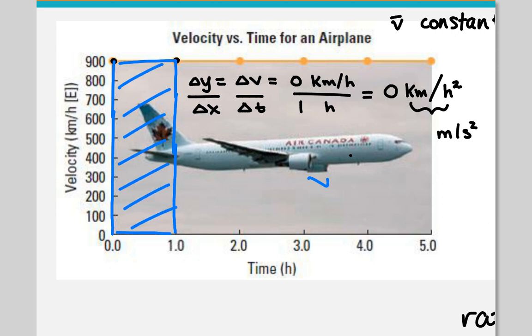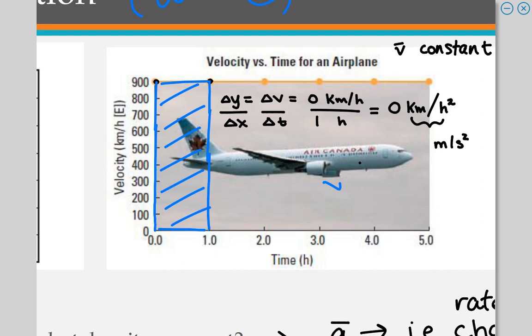Let's calculate the area under that curve. Now, what shape is that? A rectangle. So you know that the area of a rectangle is which formula? Base times height, or length times width, whatever you want. And in this case, the length is what unit? Hour.